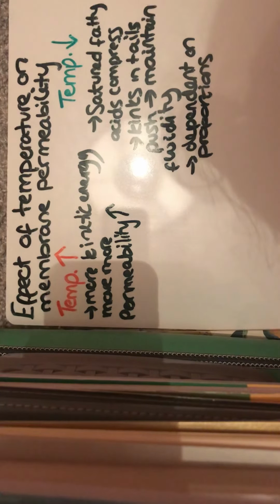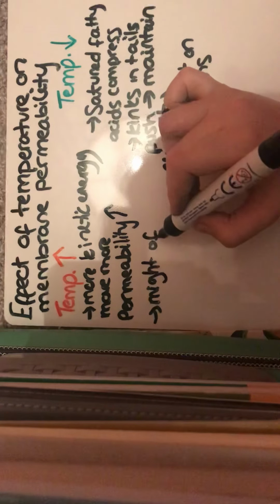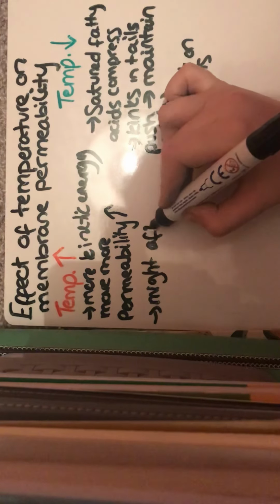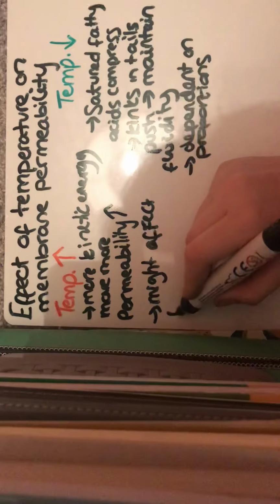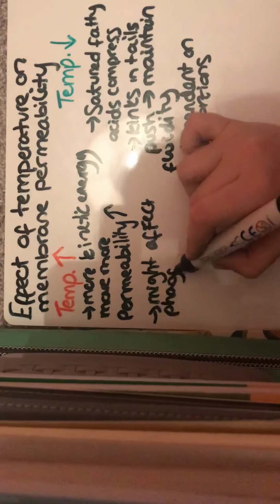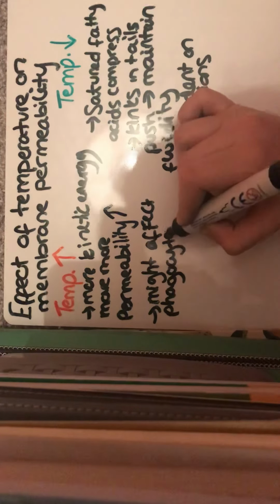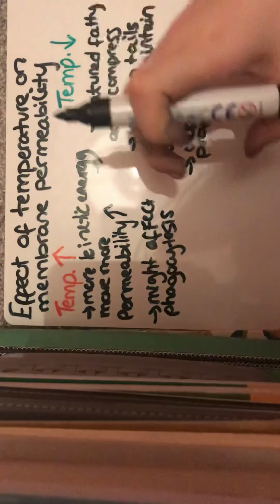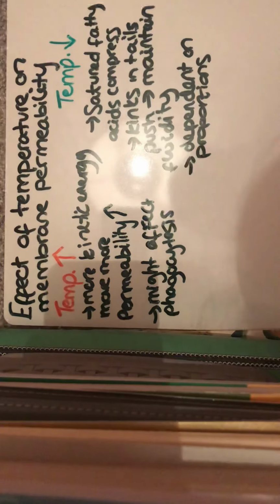So an increase in membrane fluidity might affect the unfolding of the plasma membrane during phagocytosis, so for example endocytosis, the bending of the membrane around like a bacterium.